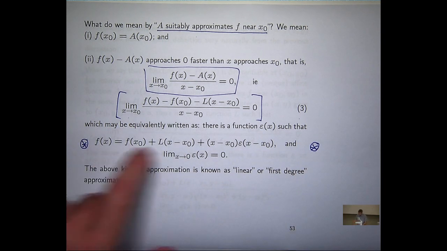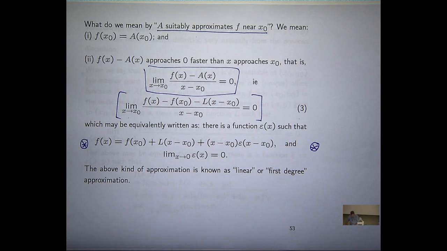This is the kind of format that is used, for example, when you want to prove the chain rule. Okay, so that starred line or two is actually probably the most important from a practical point of view. Okay, that's something you can use.